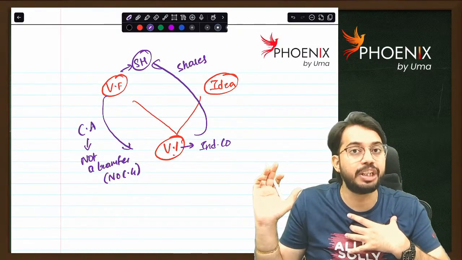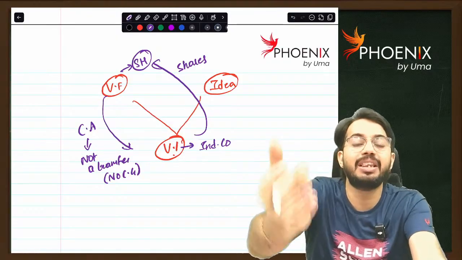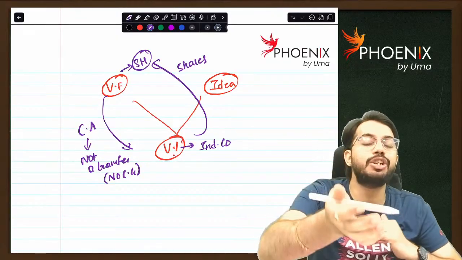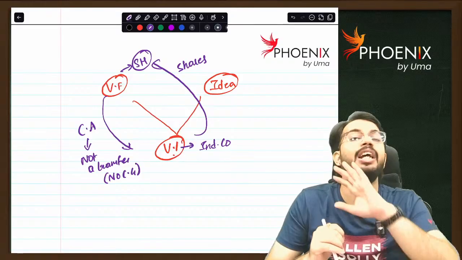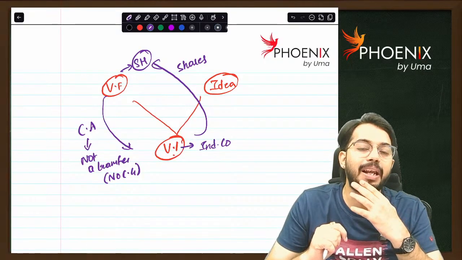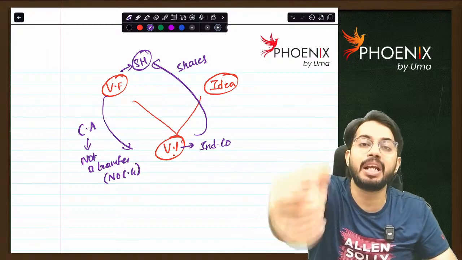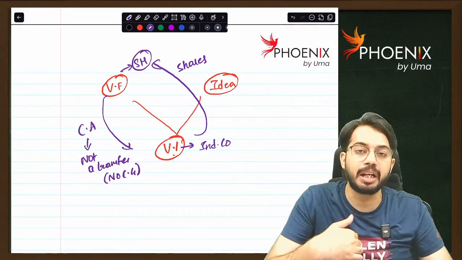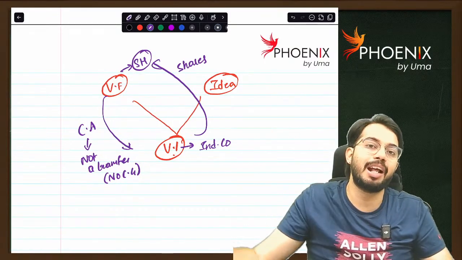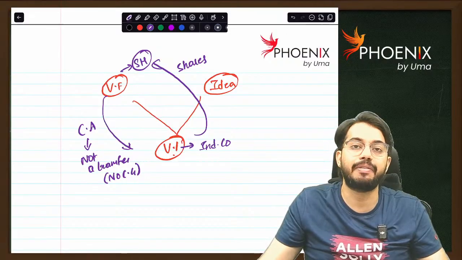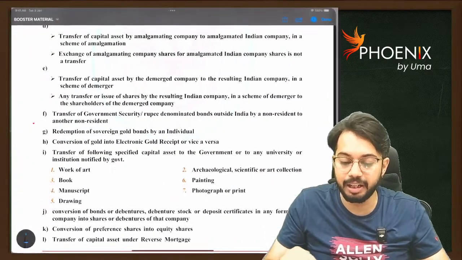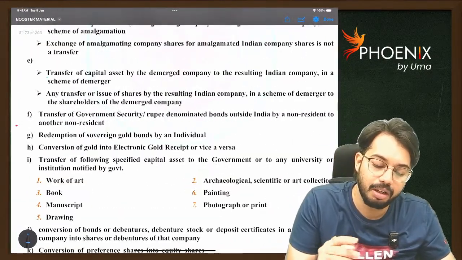I am exchanging my Vodafone share with a VI share. Even this exchange of Vodafone share with VI share is not a transfer and no capital gains are required to be calculated. So exchange of amalgamating company shares to get amalgamated company shares is also not treated as transfer and no capital gains are required to be calculated. Is it clear? Demerger.